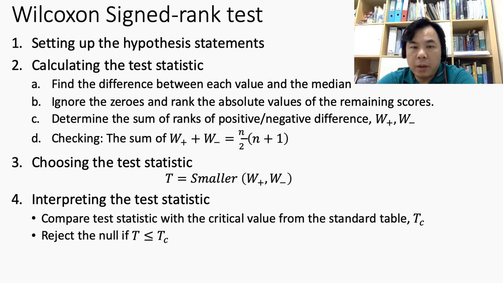We have to compare that with the critical value that we can obtain from the data booklet. And then if the critical value is greater than the test statistic value, then we have sufficient evidence to reject the null hypothesis. Right? Now I hope that is clear. Use this as a reference.